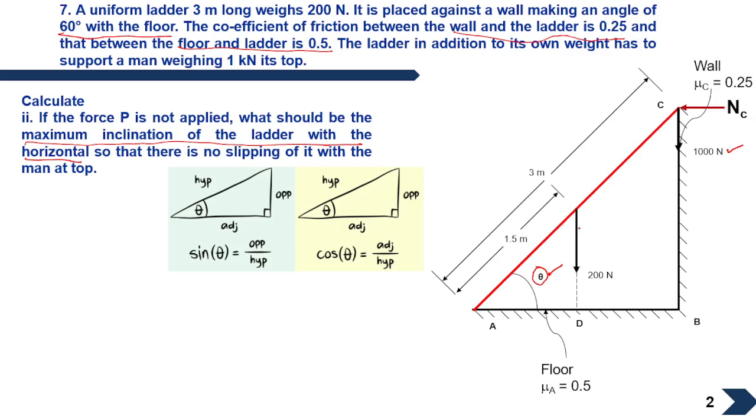Then we have NC perpendicular to BC and NA perpendicular to AB, then FC, and then FA. We don't have P here as it is given in the question that the force P is not applied.